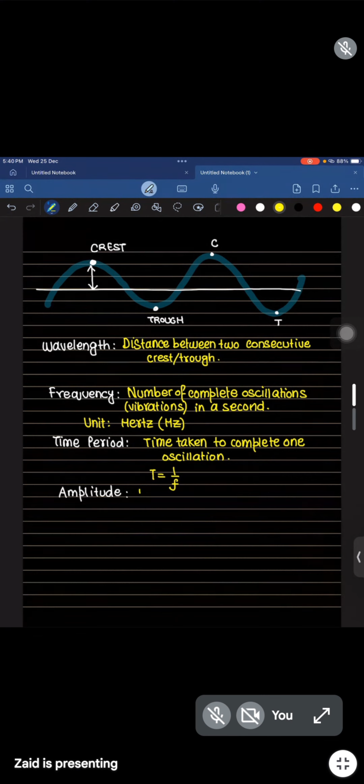Okay, the symbol for wavelength is lambda. Okay, so this is 1 lambda.